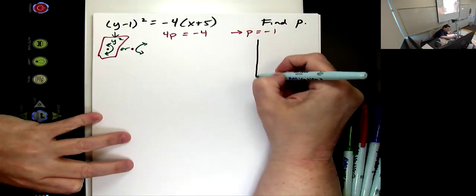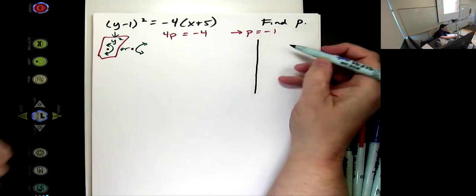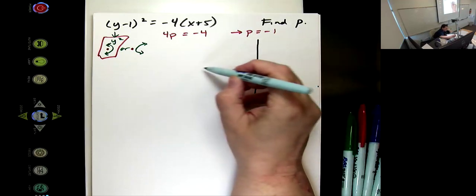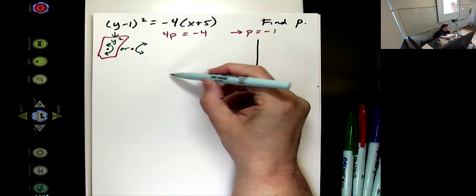There's no differentiation between up or down, left and right, it all works the same exact way. But where 4P is, the x. Y, there's no change.